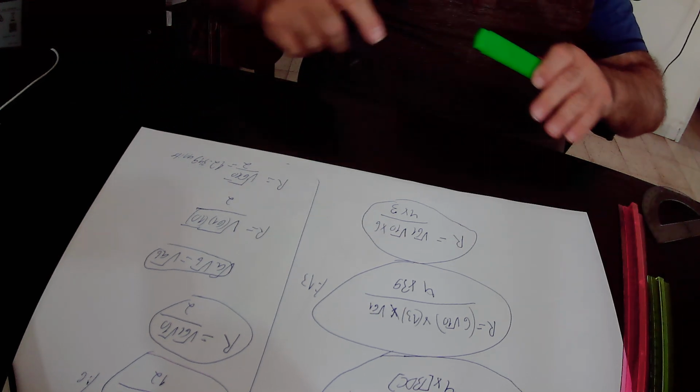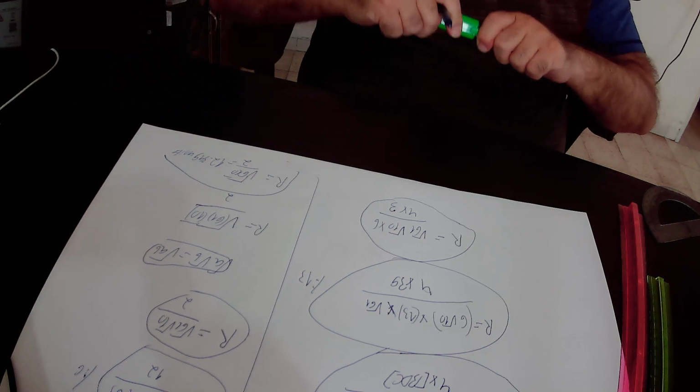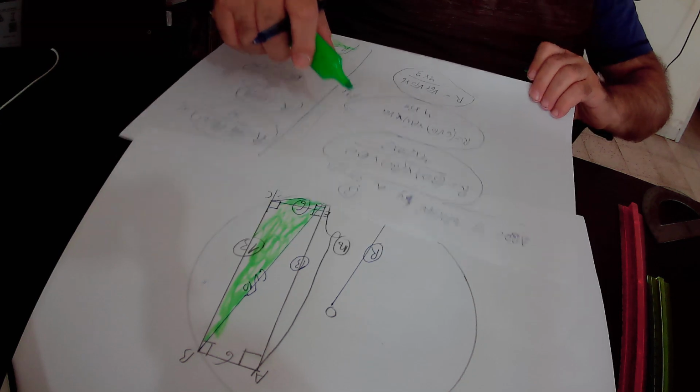In the next step I will present to you the second method to find the radius of this circle.